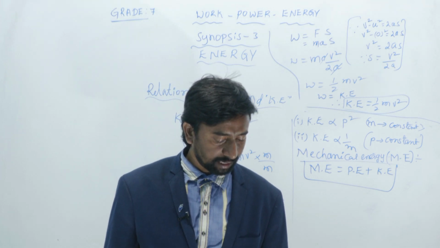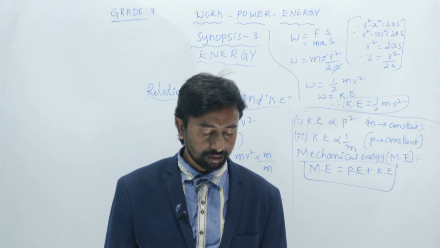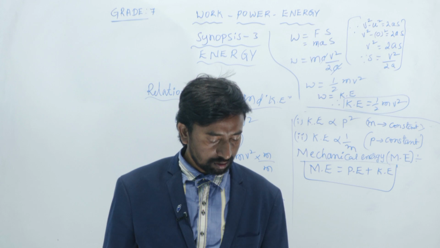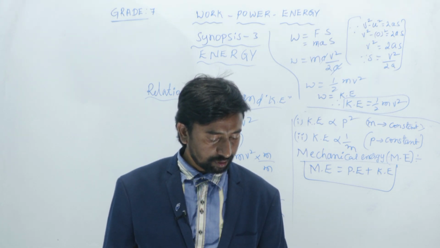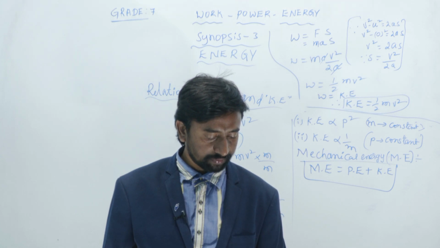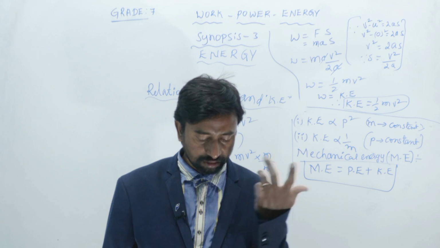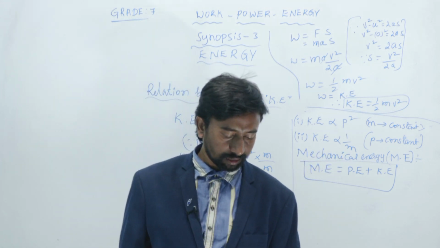If the work done by a force on a body is negative, the kinetic energy remains the same? Kinetic energy does not change there. The SI unit of energy is joule. Kinetic energy of a body of mass m and velocity v: the formula is half into m v square. Which of the following is not a unit of energy?